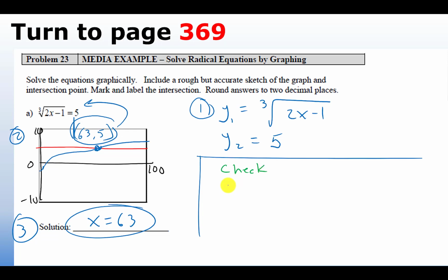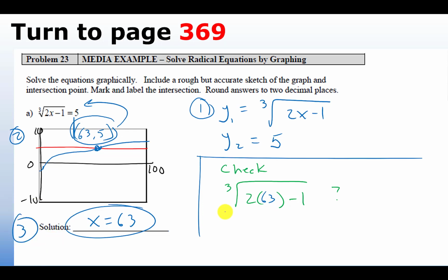So we would be checking the cube root of 2 times x minus 1, and we want to know what it's going to equal. We hope it equals 5. So our answer was 63. And we want to check this to see if that works.